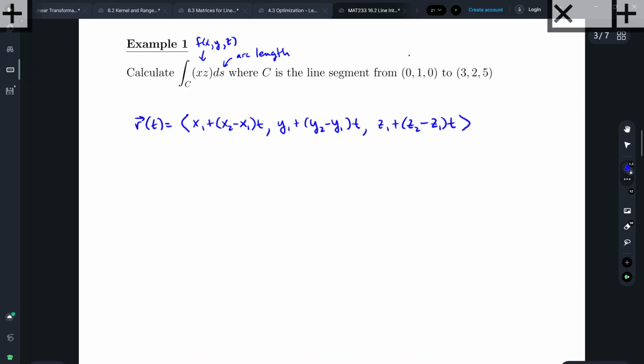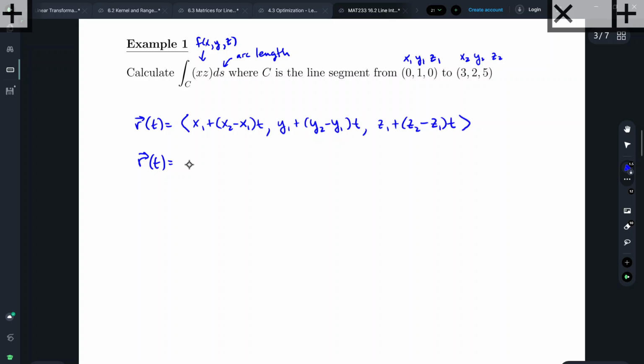So this is x1, y1, and z1, and this is x2, y2, and z2.